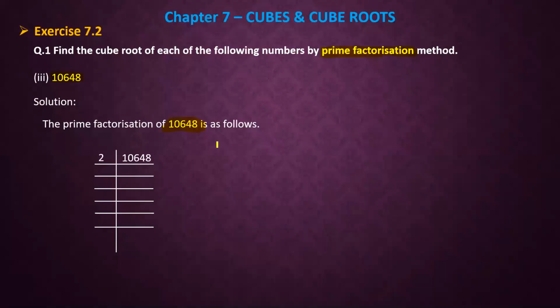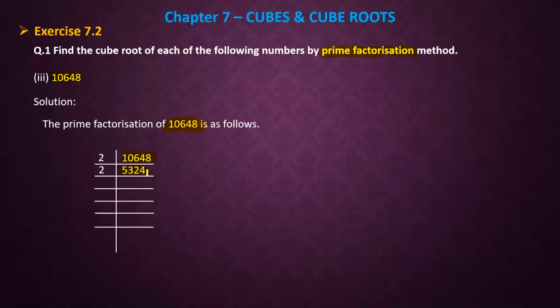That means we are going to divide it by 2, and after dividing 10,648 we get the answer 5,324, which is again an even number. So again we are going to divide it by 2.